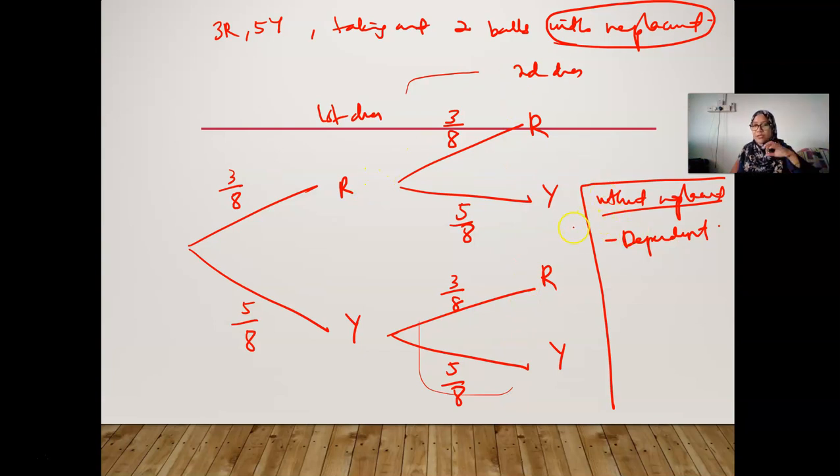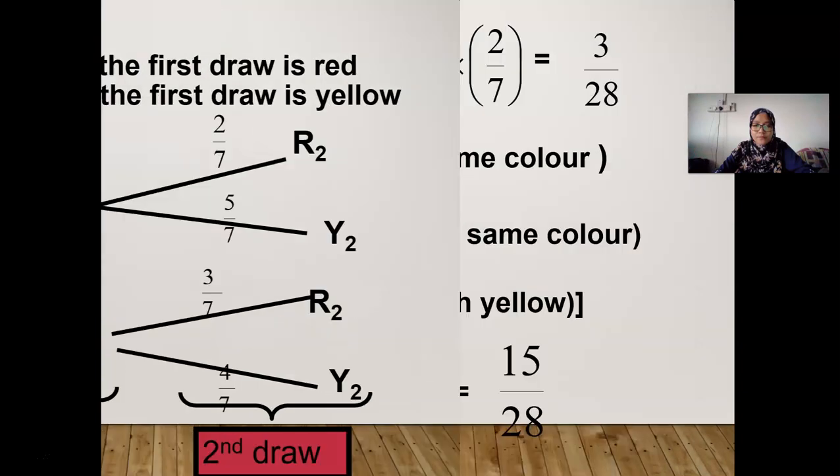The first row will affect the probability of the second row. But in this case, the second one with replacement, we say it is an independent event. Independent, because what happened in the first row will not change anything in the second row. I think that one should be clear.